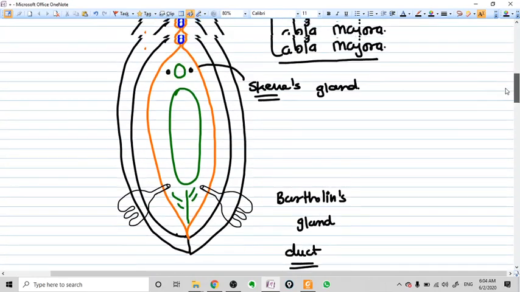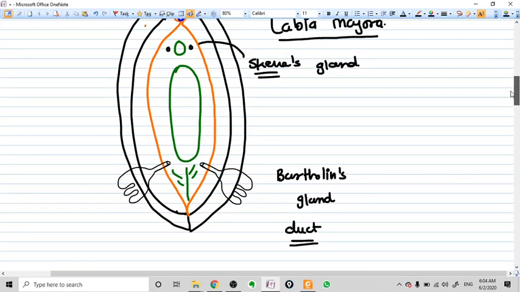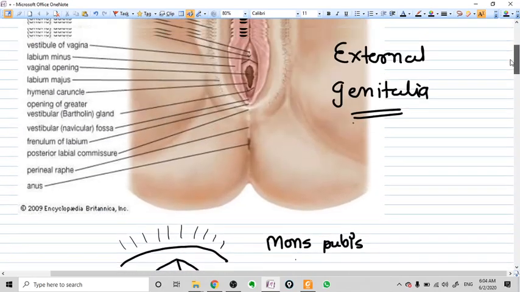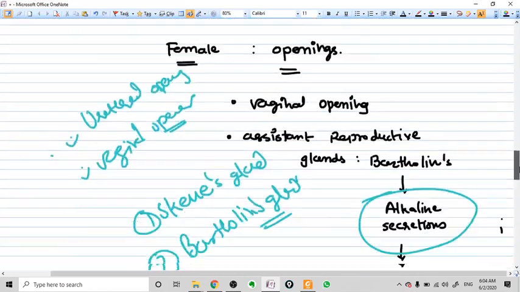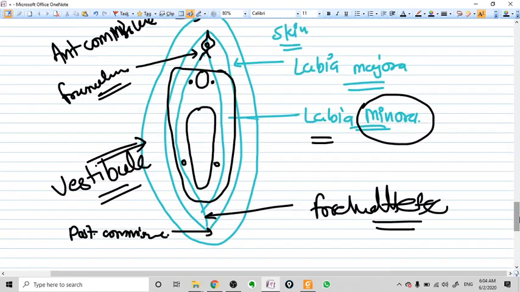Now, inside the vestibule we have these openings, and around the vaginal opening there is a membrane that is present before the female has her first sexual intercourse. With the first sexual intercourse, this membrane is broken.